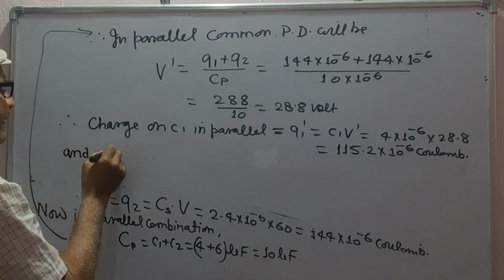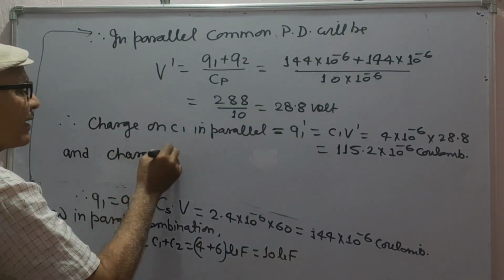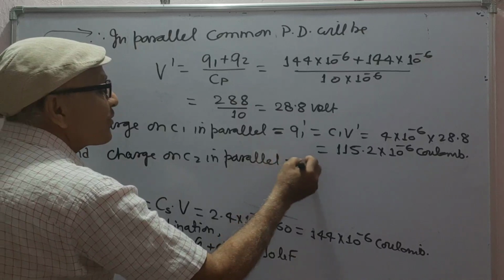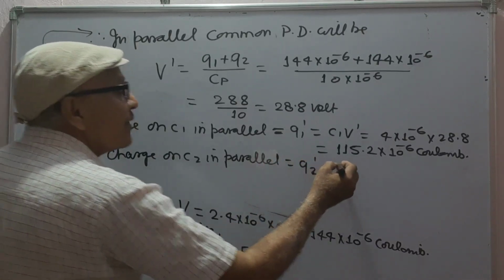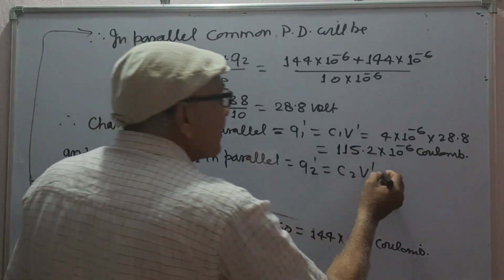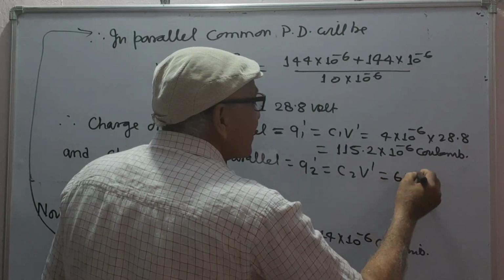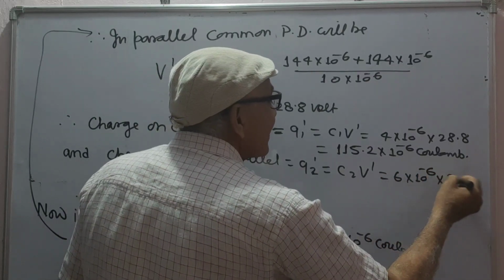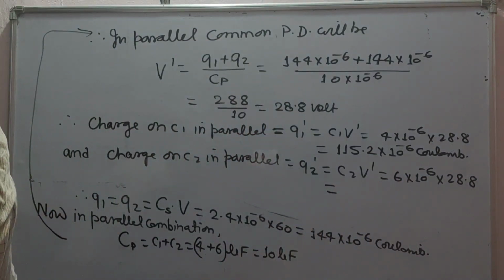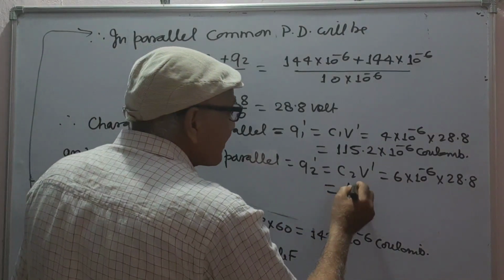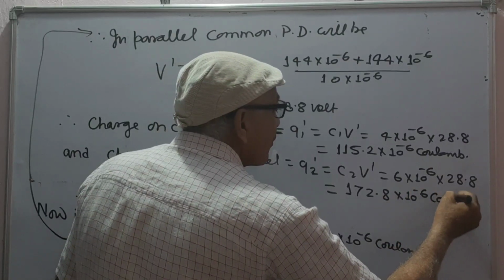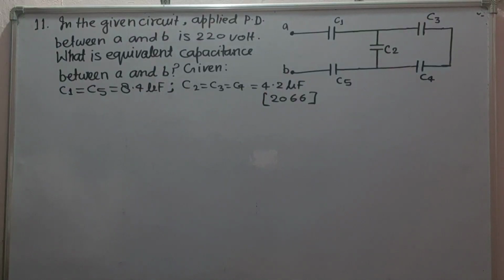And charge on C2 in parallel will be Q2 dash, equal to C2 into V dash, because in parallel voltage is same. C2 is 6 into 10 to minus 6 into V dash at 28.8. So we get Q2 dash as 172.8 into 10 to minus 6 coulomb.